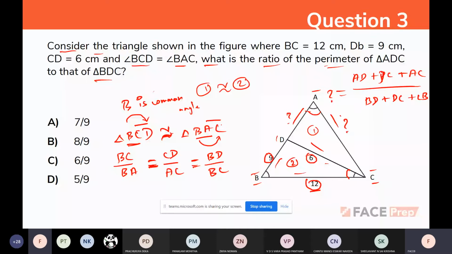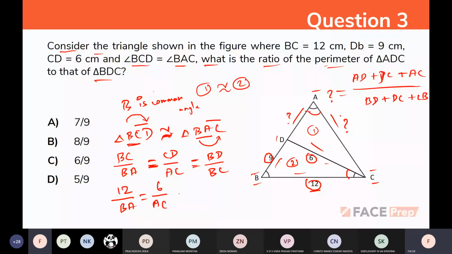For BC we have 12. For BA we don't know BA, so we keep it as such. For CD, which is 6. For AC we don't know AC, so we keep it as such. Then equal to BD equal to 6 and BC equal to 12.